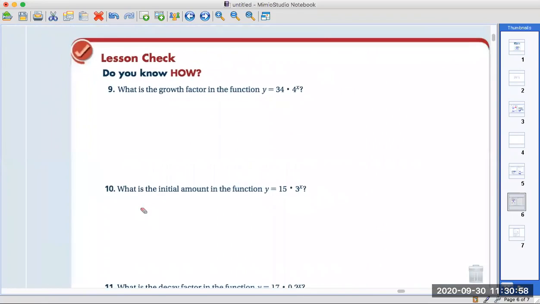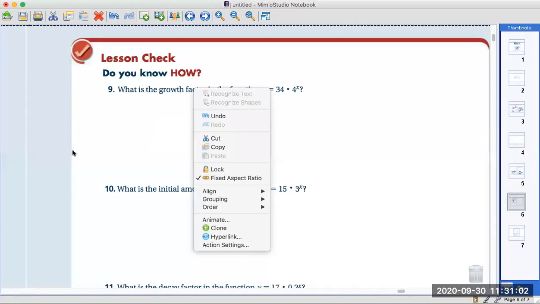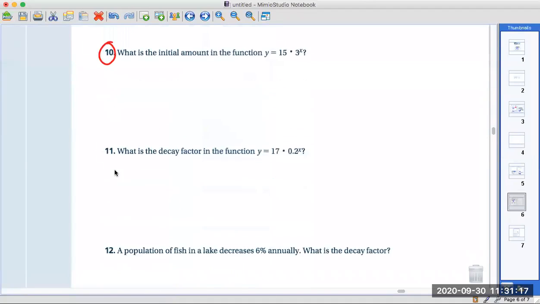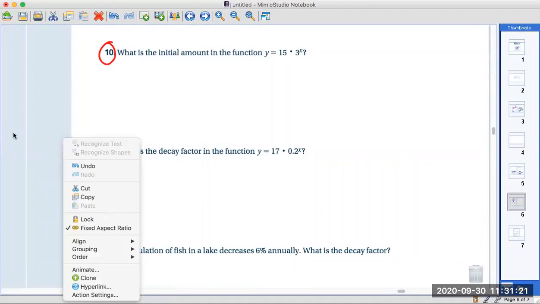Homework is on page 315. You're going to do number 9. What is the growth factor? Number 10. What is the initial amount? Always refer back to your lesson. I showed you all of these, and you need to find them and look at them if you forget.